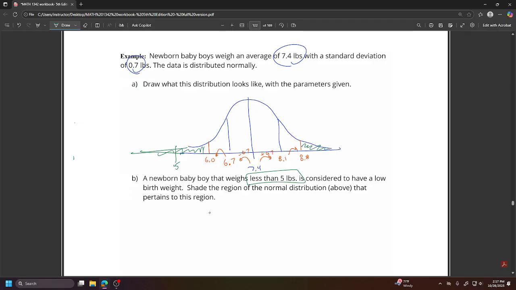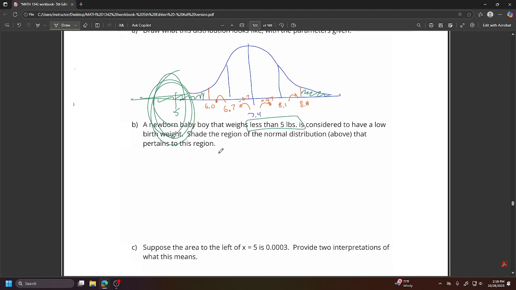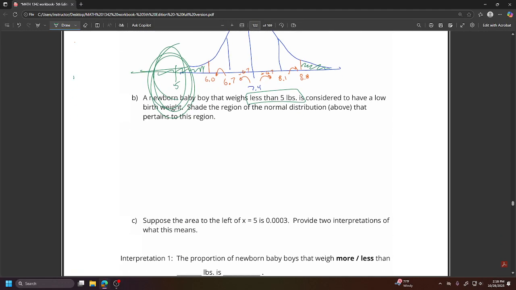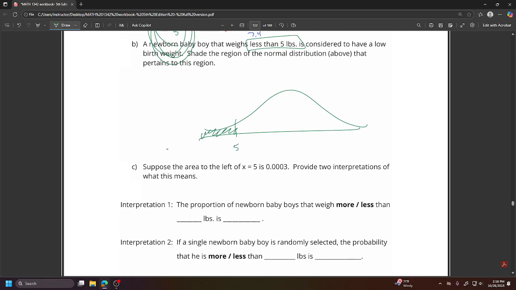Okay, so it says shade in the region. I don't know what they're wanting. You just click a picture on that, okay? But this is where the 5 is. I don't know what else to put there. What did I put? Oh, I just drew a little picture like this. There you go. Okay. And there was a 5.